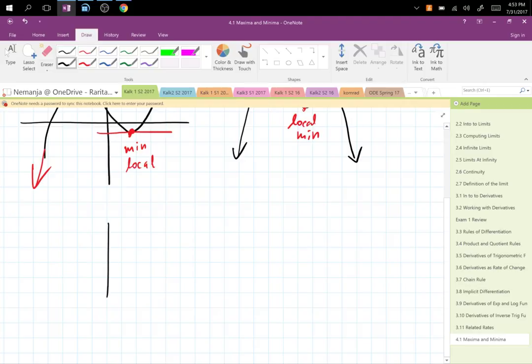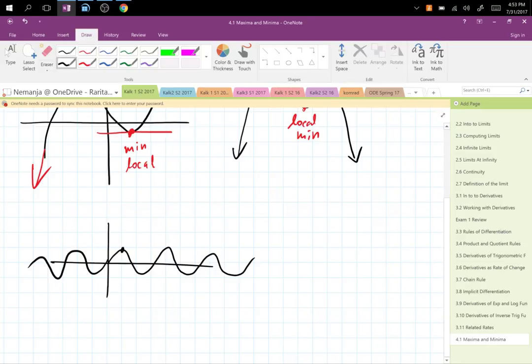You can have a sine function that will do the wave forever. Each one of these points is going to be a global max or absolute max because they're all the same, and there are no higher points than those. So all of these will be global max.